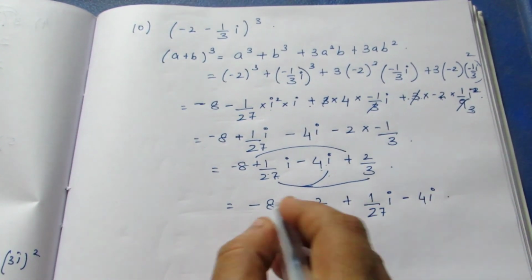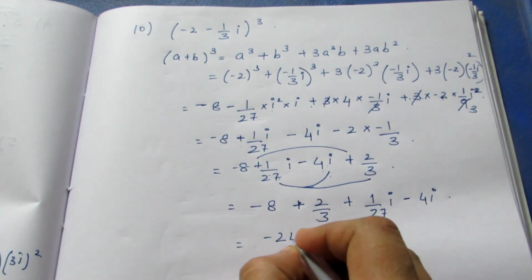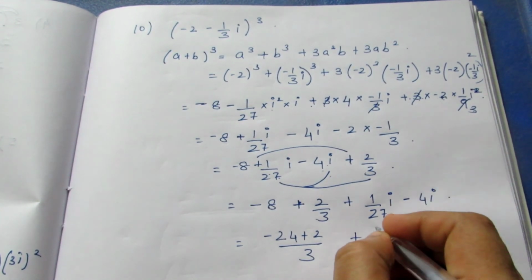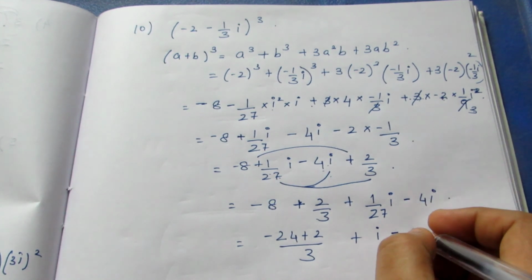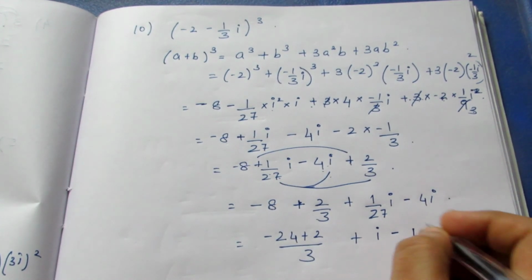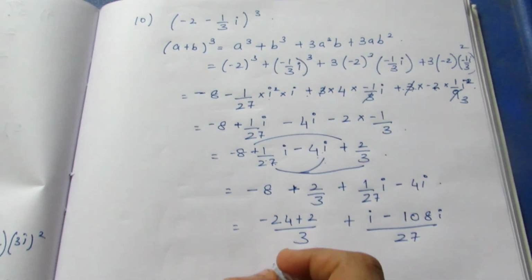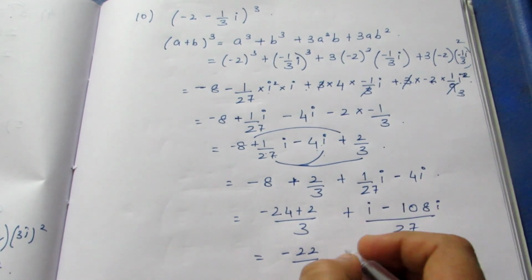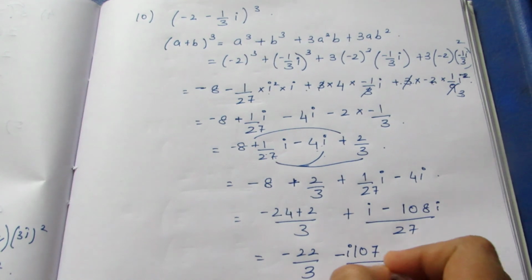Taking LCM, just multiply the number, it becomes 24. So minus 24 plus 2 by 3. Here plus 1i minus, if we multiply 27 with 4, it becomes 108 by 27. So we can solve this. This becomes minus 22/3. Here it becomes minus 107i/27.